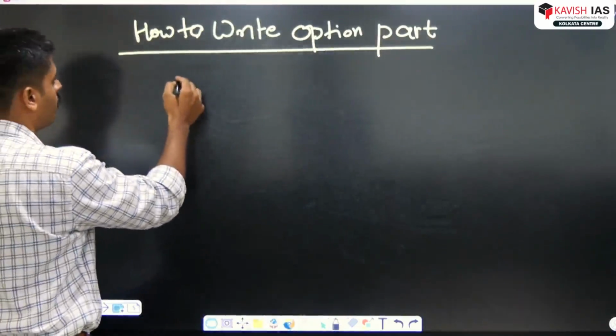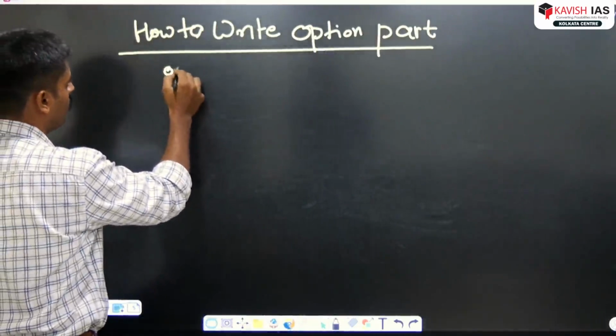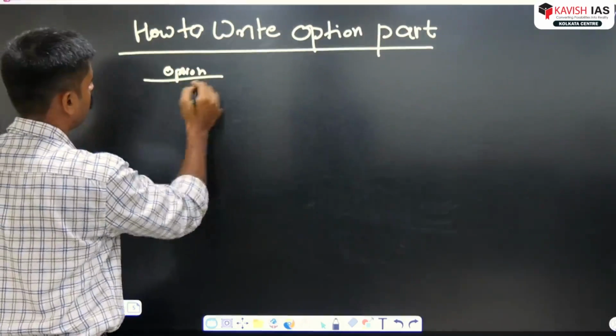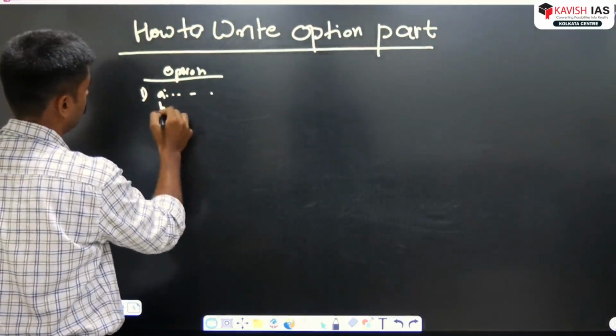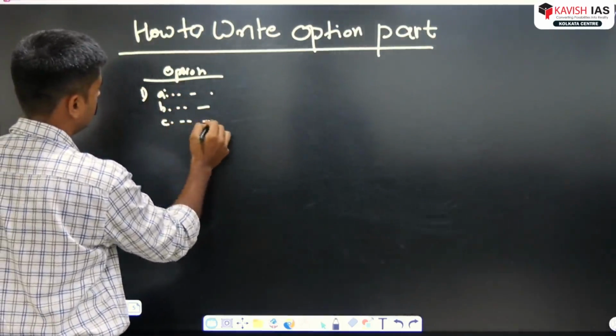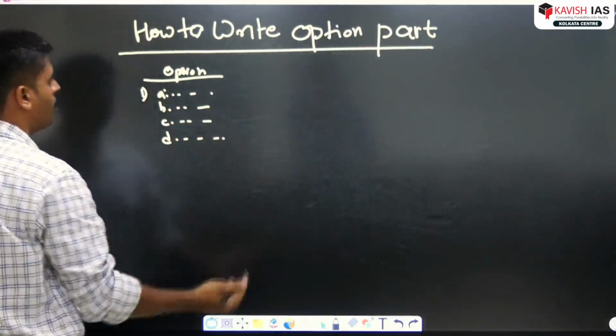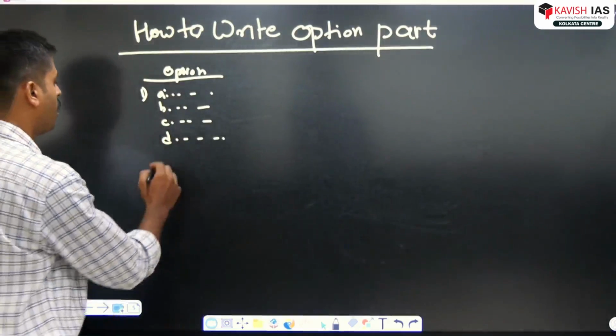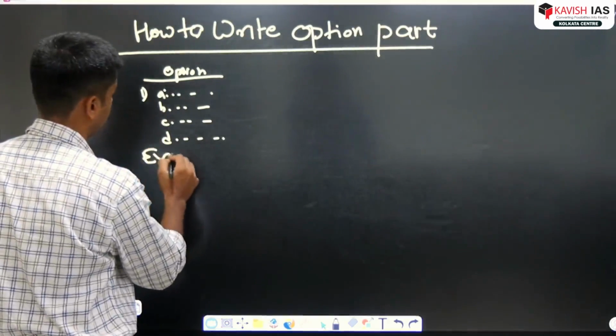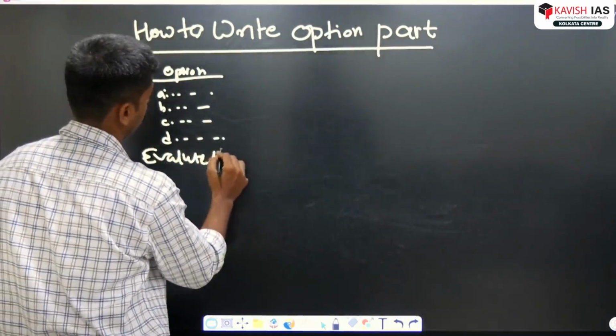So option part, we all know that when we start this A, B, C and D, this is how we write the options. Then the question is evaluate the options.